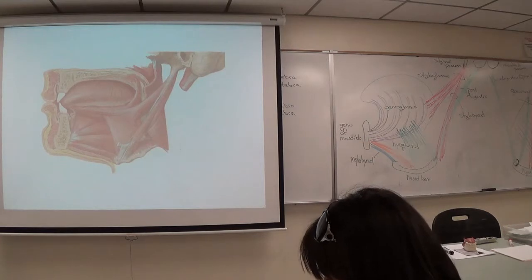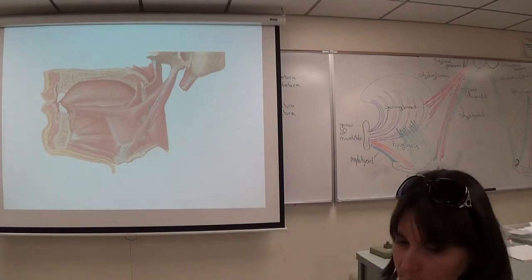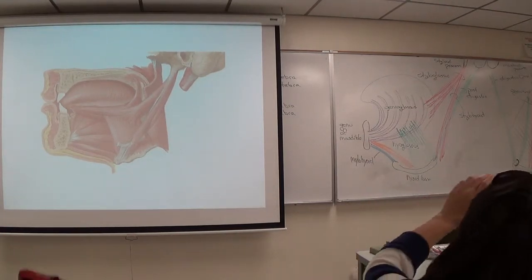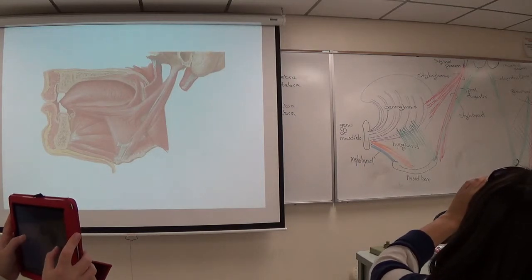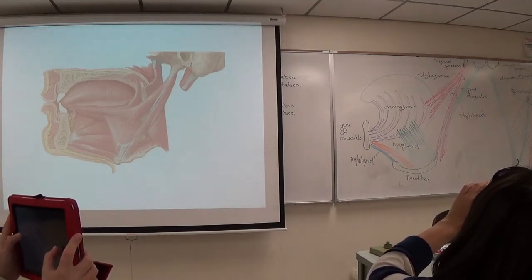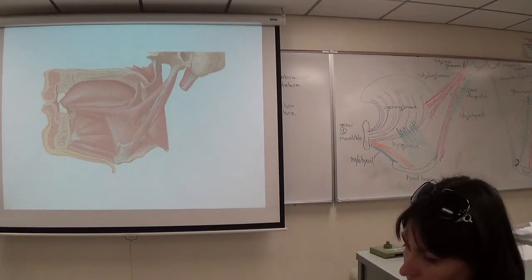All right, so if you want to take a picture, go ahead, because now after this we're going to look at infrahyoid. So these are suprahyoid. They're going to either pull the hyoid bone up or pull the mandible down.